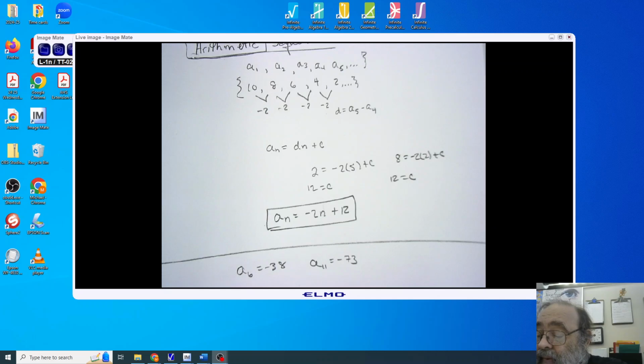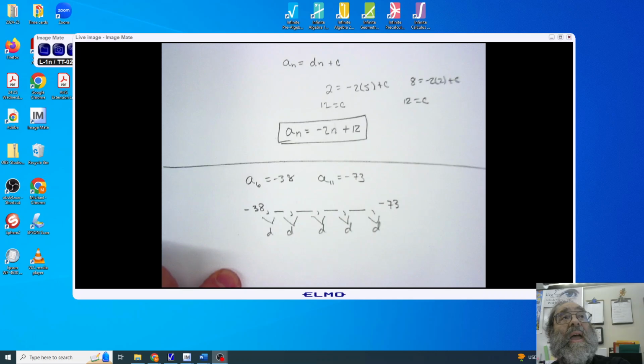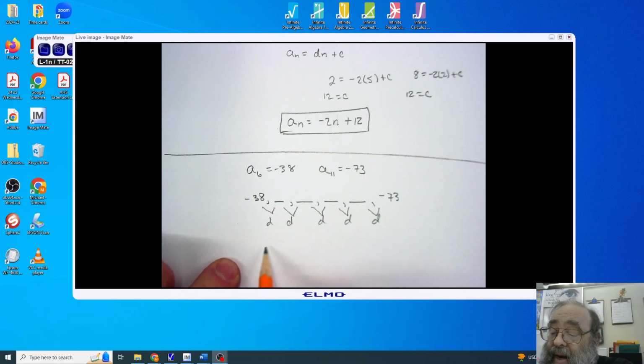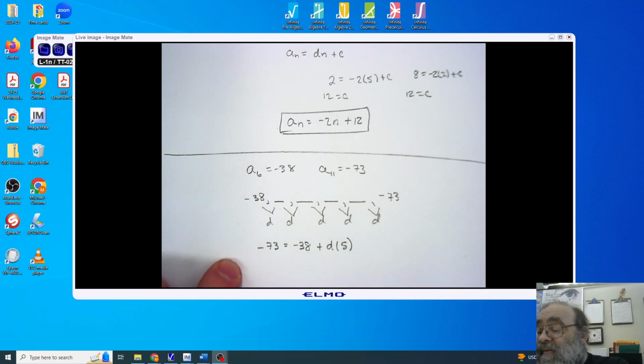We have a sub 6 of negative 38, there's a sub 7, a sub 8, a sub 9, a sub 10, to negative 73. And you'll notice I am adding a common difference 5 times. So I know that negative 73 has to be negative 38 plus my common difference times 5.